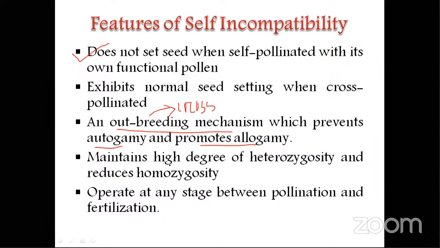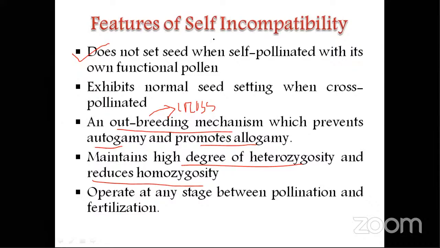It maintains a high degree of heterozygosity, because heterozygosity arises from crossing. Cross fertilization leads to development of heterozygous progeny, right? So this process maintains heterozygosity and reduces homozygosity. Homozygosity will increase when you are doing self pollination or self fertilization.